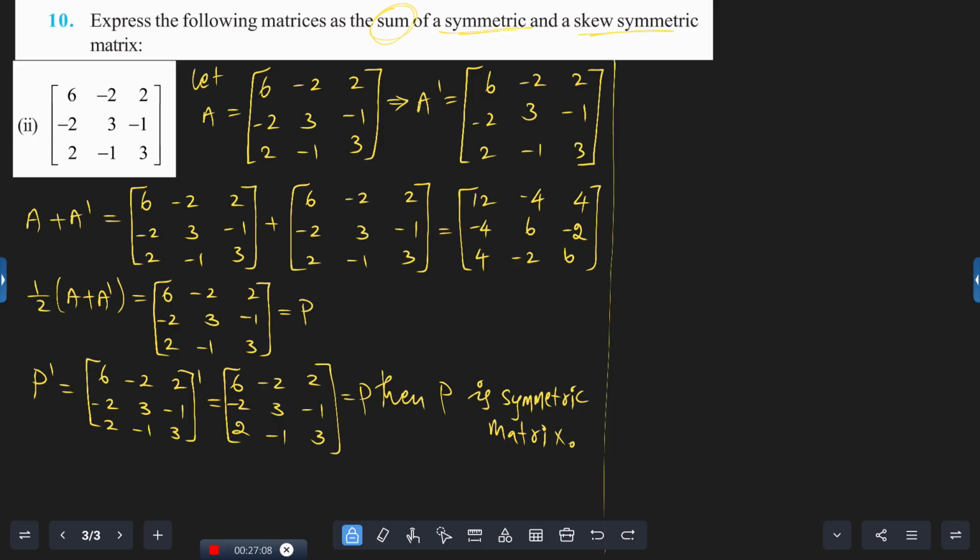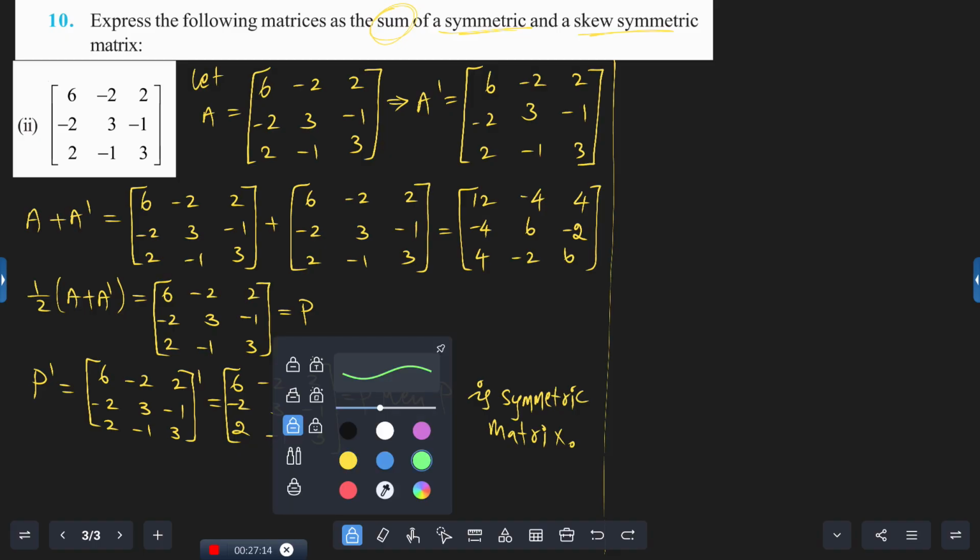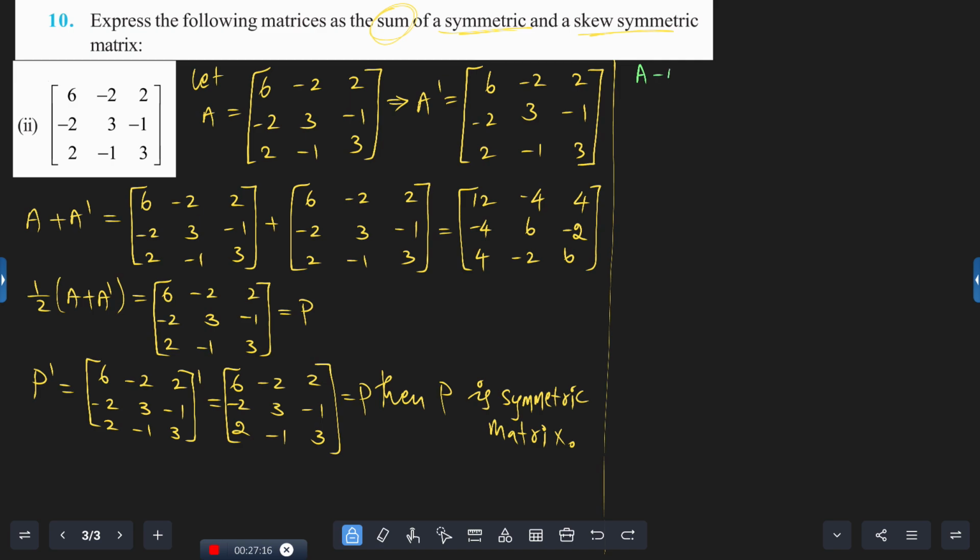The same thing we have to do even for Q, means Q symmetric. Okay, for Q also we have to do the same. So first is the subtraction, A minus A dash. So A minus A dash. The A matrix I'm writing first, here we have the A matrix. This will be A dash. Both we have to subtract now.